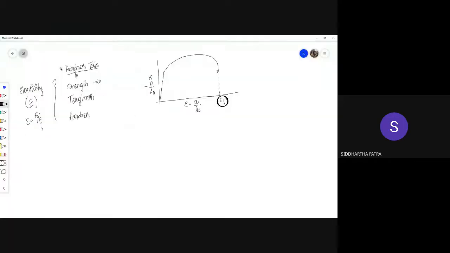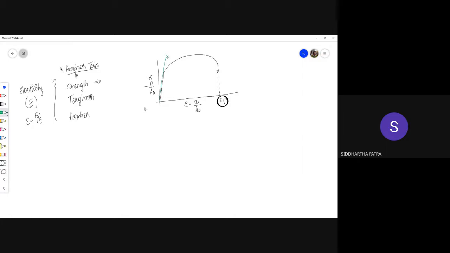Now, if I draw the stress strain diagram for a brittle material, that would be considerably different, with a very tiny amount of plastic strain, mostly elastic strain.